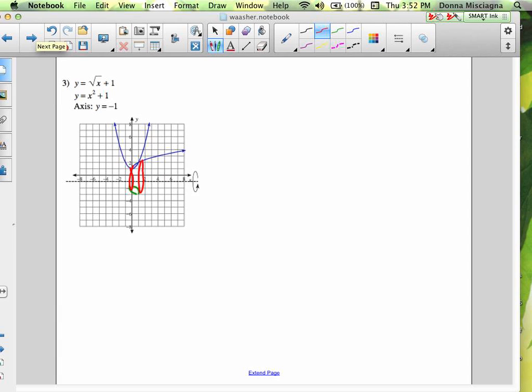Oh, excuse me, this one's not vertical, this one's horizontal. The upper minus the lower, right? So our upper function is over here. It's the square root of x plus 1 is our upper function. And then the lower function is formed by y equals x squared plus 1. So this is lower, and this is upper.